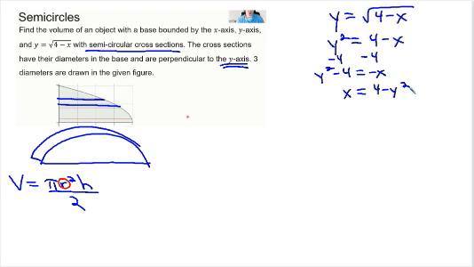All right? So, because this is the function right here, this value is the entire function value, but we only need the radius. So we need half of that. So the radius is going to be 4 minus y squared divided by 2.